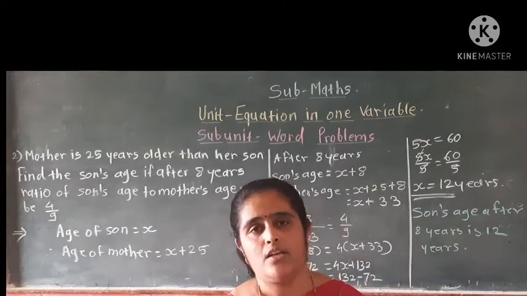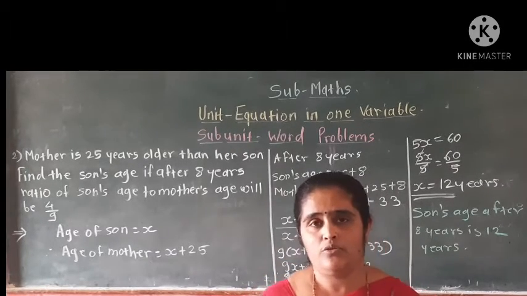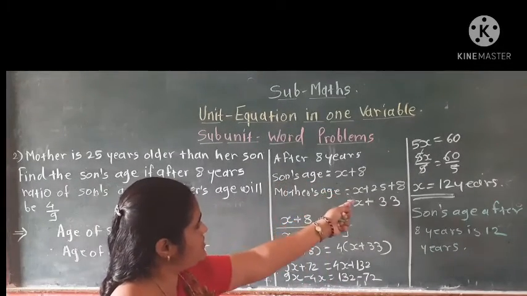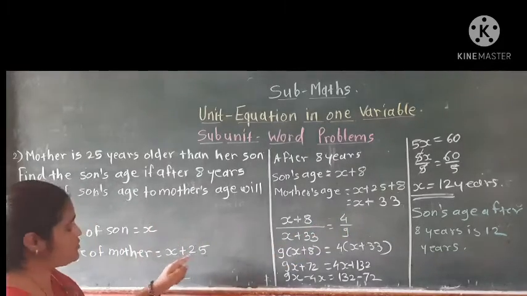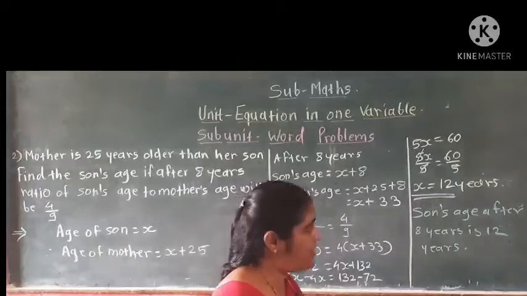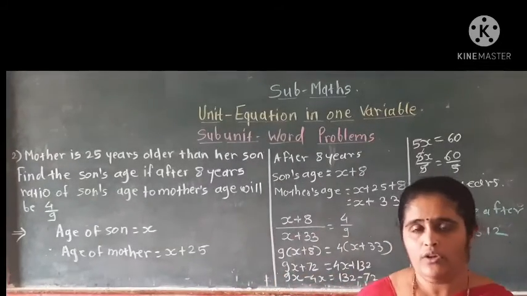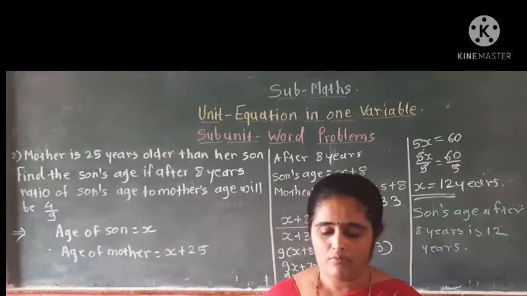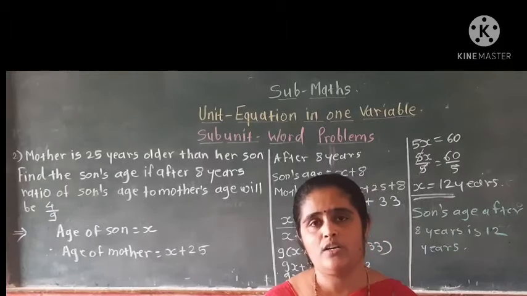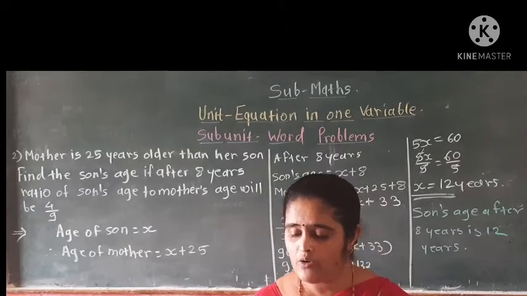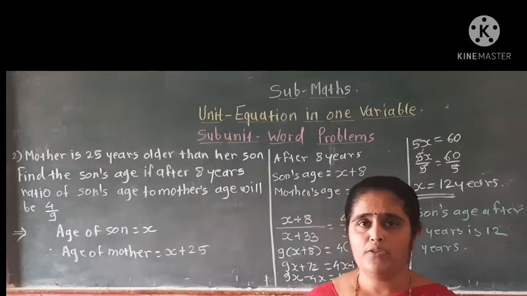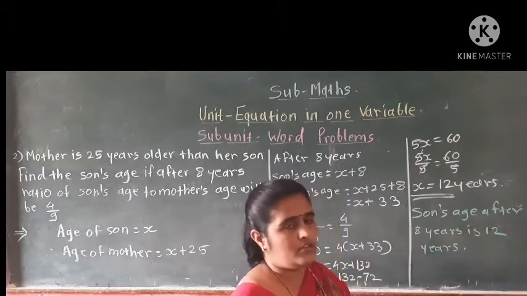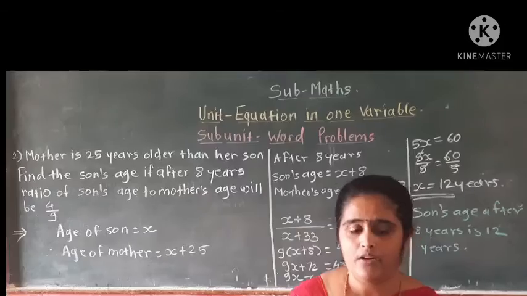Then what will be the mother's age if we have to calculate it? Sorry, the mother's age is x plus 25, so we have to add 12 plus 25. But in this example it is not necessary to calculate the mother's age. Here only the son's age should be calculated, means only the value of x is necessary, and the value of x is 12 years, means the son's age is 12 years.